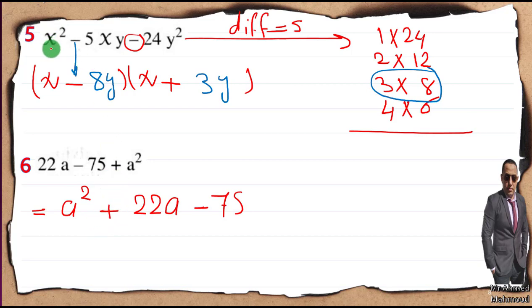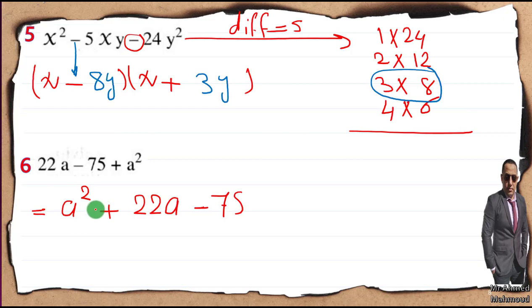The order before was correct because I had x² and x, and here I didn't have x, so it was in order according to x. Here the order was wrong because I have a to the power 1 and a² here, so I have to rearrange the expression in descending order according to the powers.